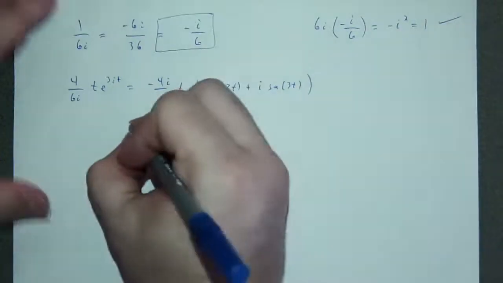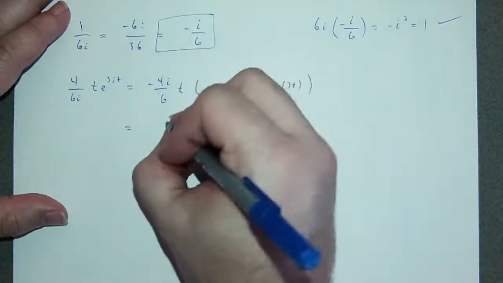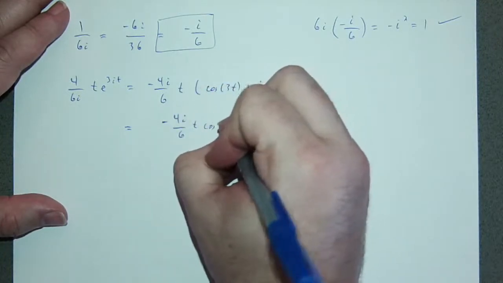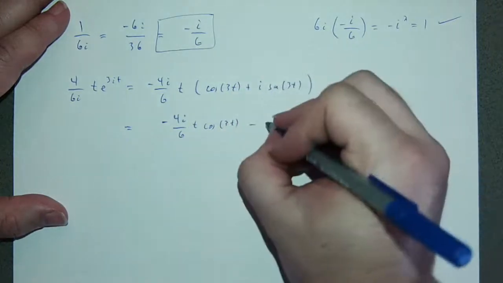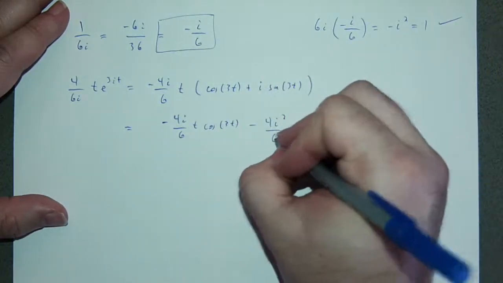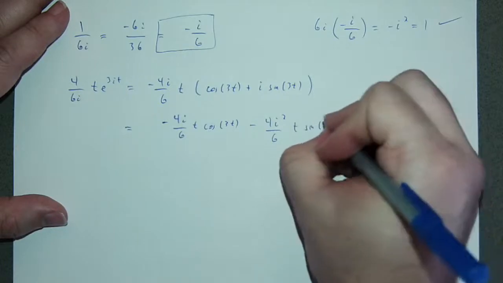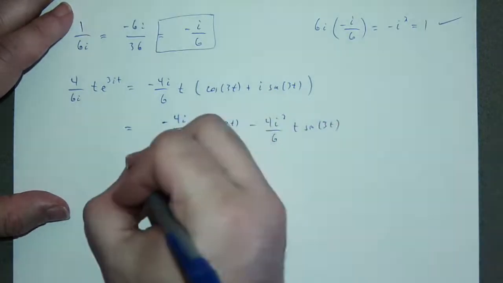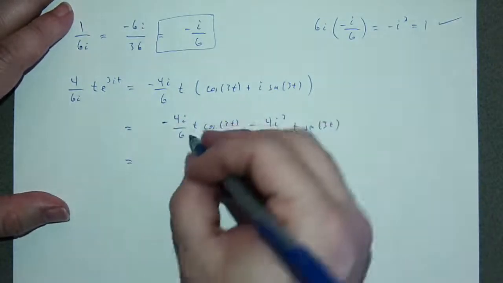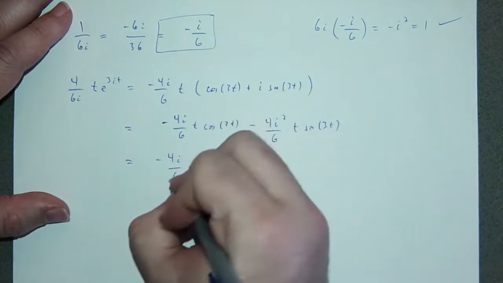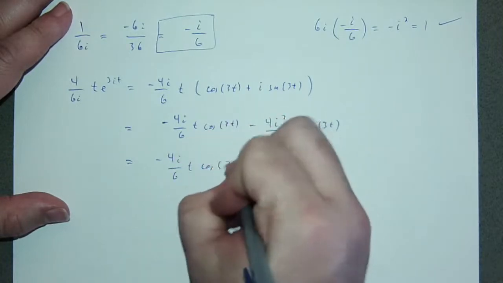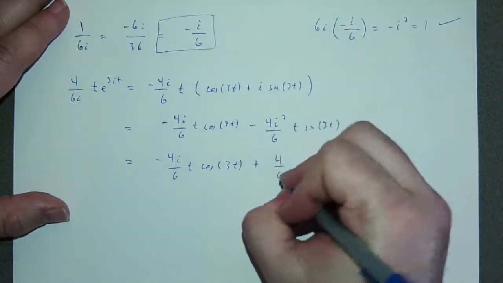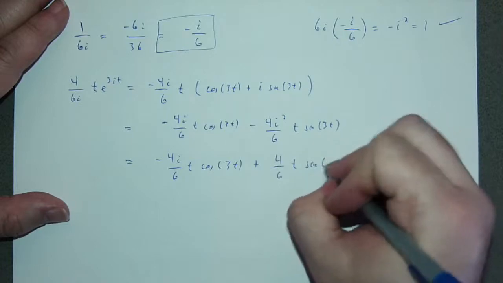If I expand this a little bit, this is minus 4i over 6 t cosine of 3t minus 4i squared over 6 t sine of 3t. The i squared is minus 1, so this is minus 4i over 6 t cosine of 3t plus 4/6 t sine of 3t.